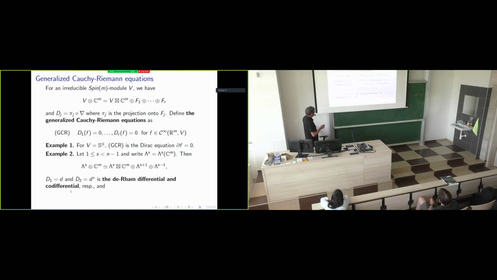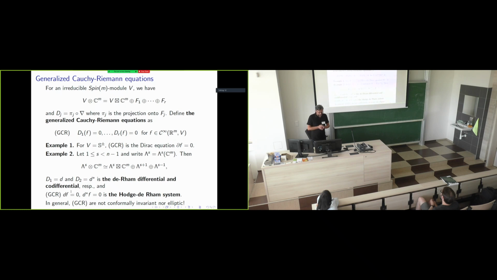The Stein-Weiss gradient corresponding to the second piece is just the de Rham differential, and to the last piece is its codifferential. So in this case, the generalized Cauchy-Riemann equations is the Hodge-de Rham system for d and d star. So in general, the generalized Cauchy-Riemann equations are not conformally invariant nor elliptic as for higher spin Dirac operators.